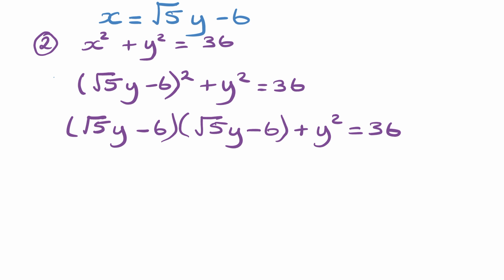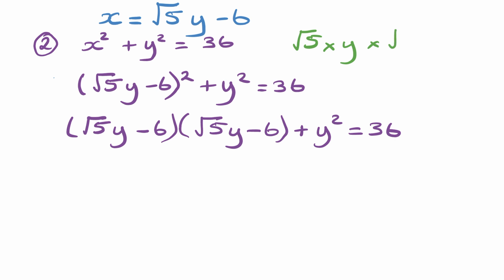And the first one we have is root 5y multiplied by root 5y. Now this is where 90% of students go wrong. And I mean students of maths, high school students, GCSE students that are studying this and not really comfortable with square root signs. But all we have is actually root 5 multiplied by y, and then we're multiplying it by another root 5 and y.